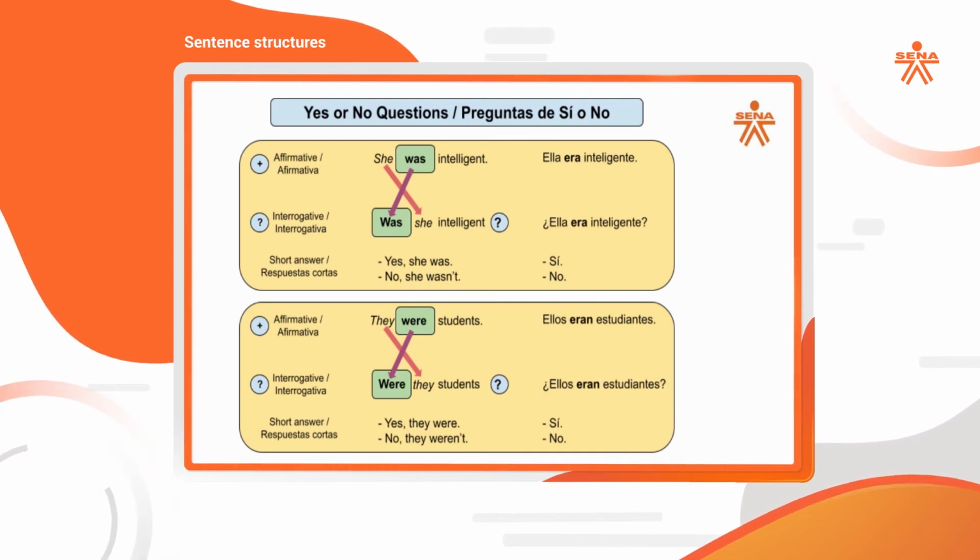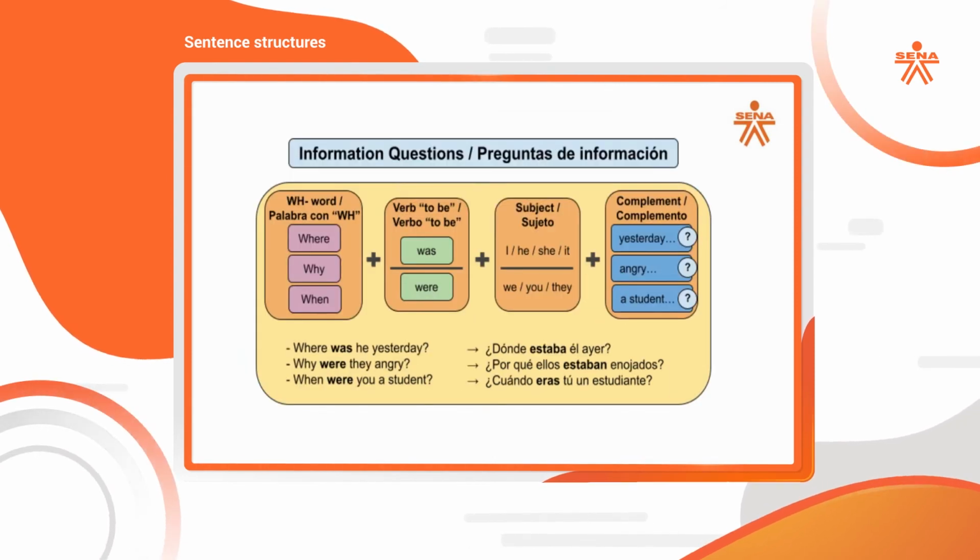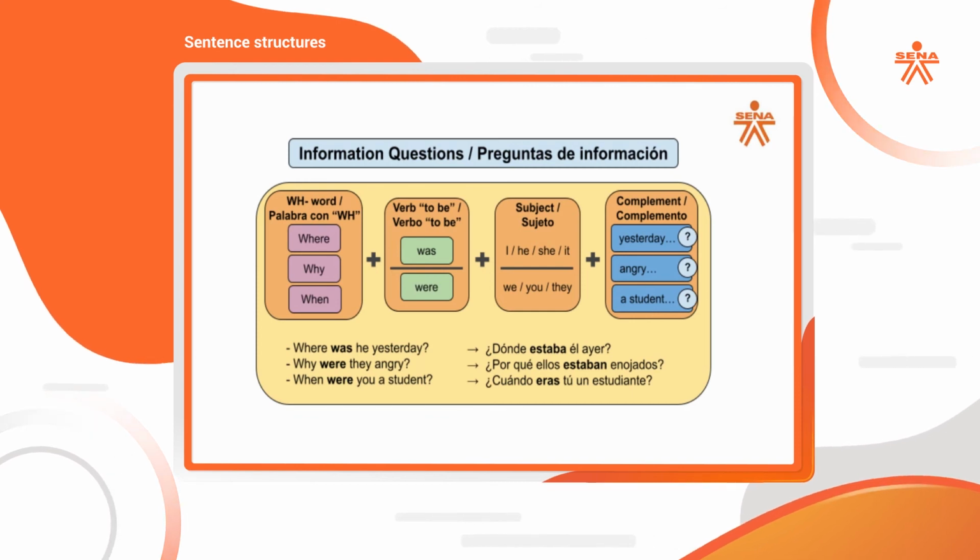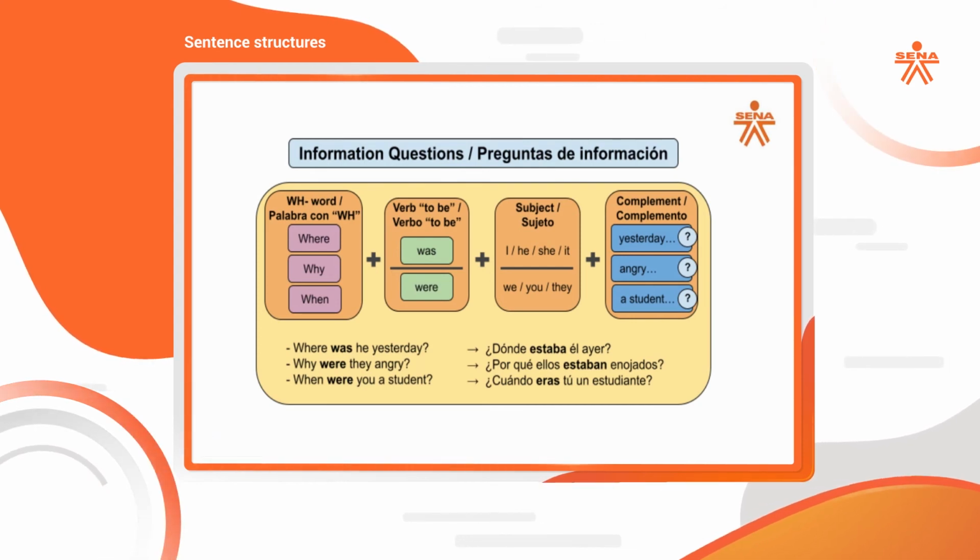You only have these two options to answer, yes or no. But an information question is asking for information, for a fact, or some data. In this case, you are going to put the exact same structure as a yes or no question, but you're going to add the WH word that you need for you to ask that piece of information.